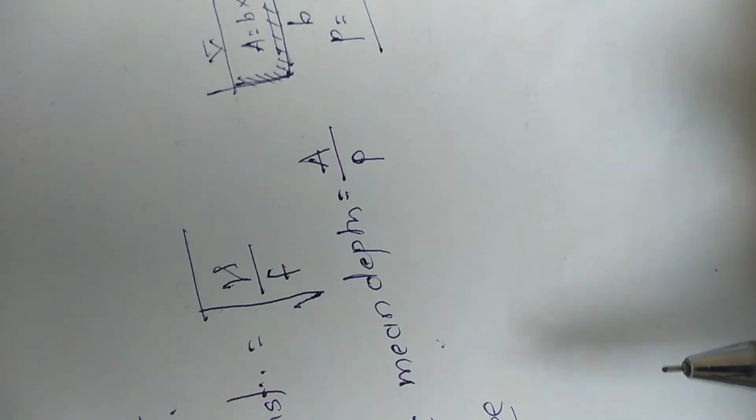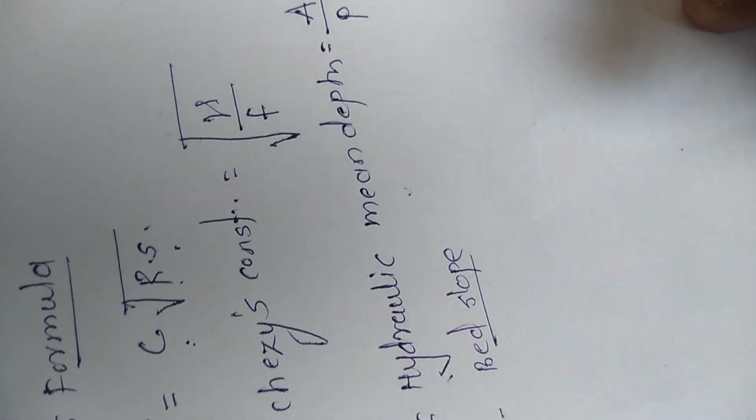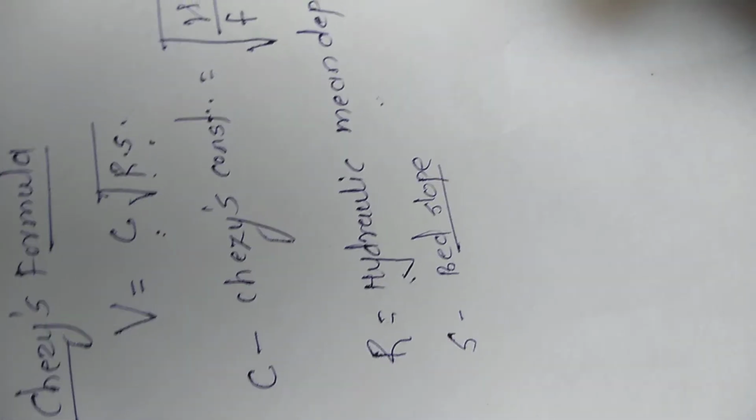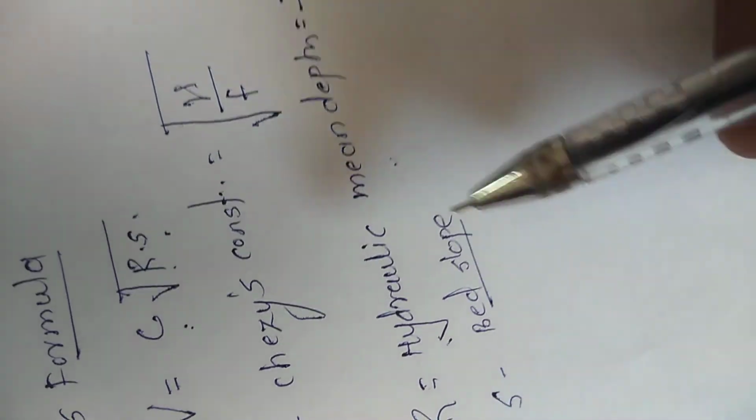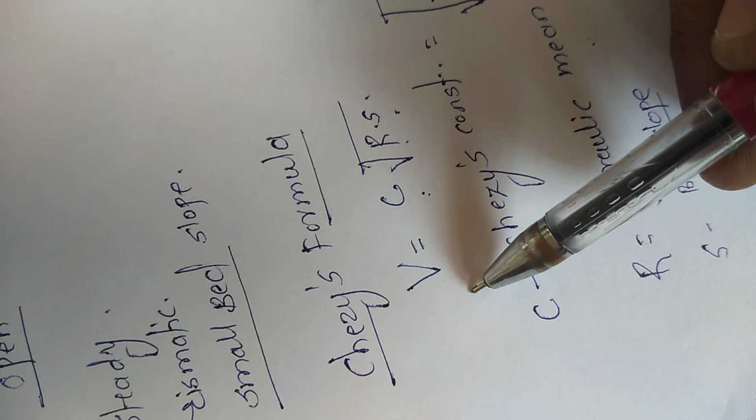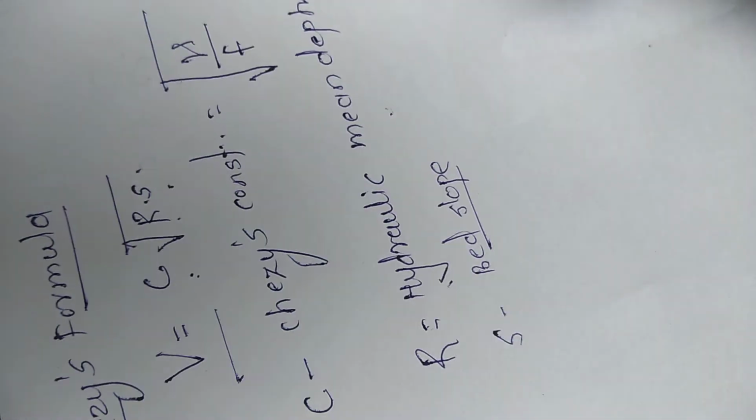S, the bed slope, is also given, depending on the design of the channel. So we can find out the velocity of the open channel flow by using Chezy's formula.